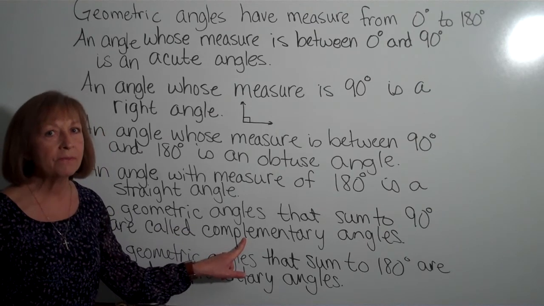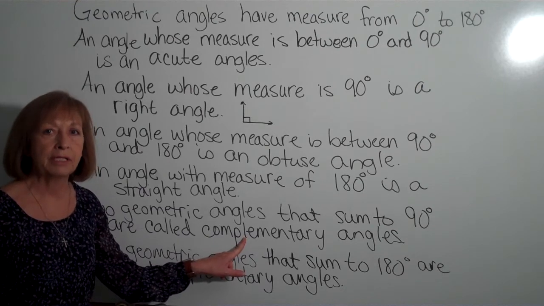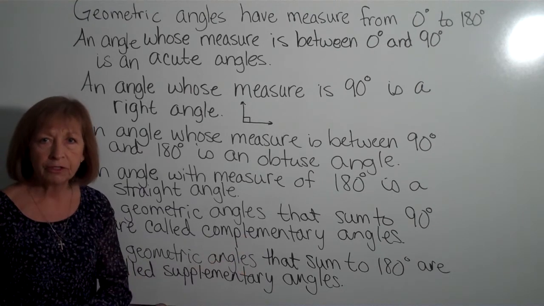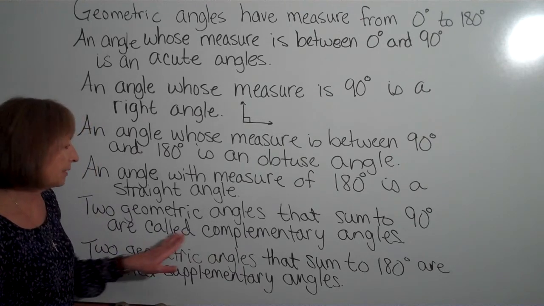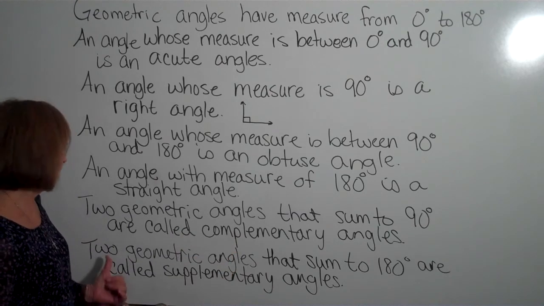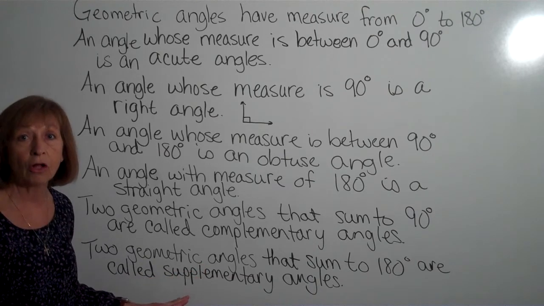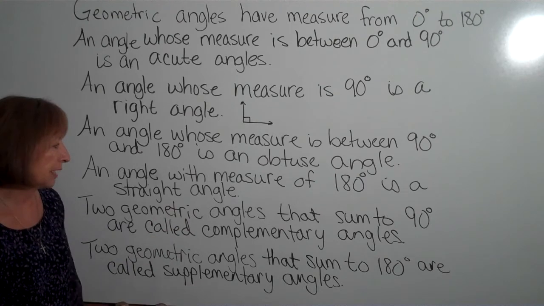We will have some theorems further on in trig where it talks about two complementary angles, or the trig function of complementary angles is such and such. So it's important to make sure that you review that concept. And then two geometric angles that sum to 180 degrees are called supplementary angles.